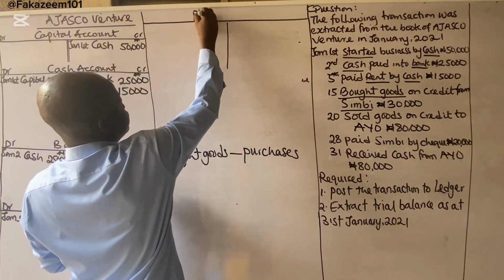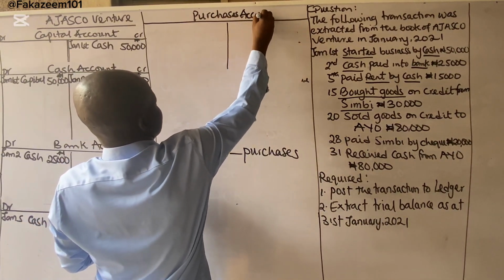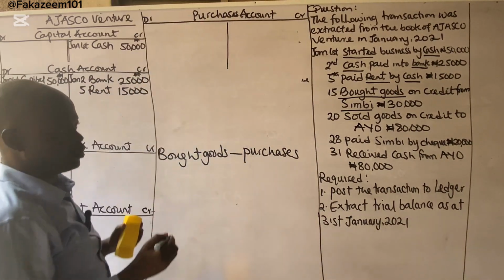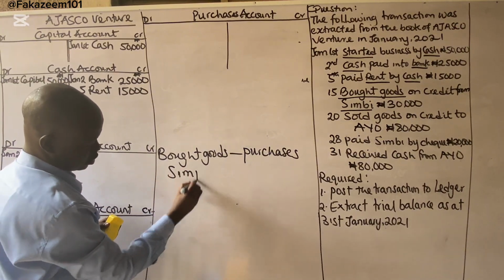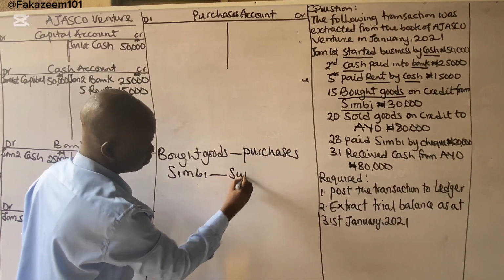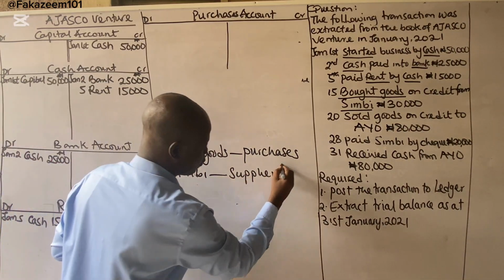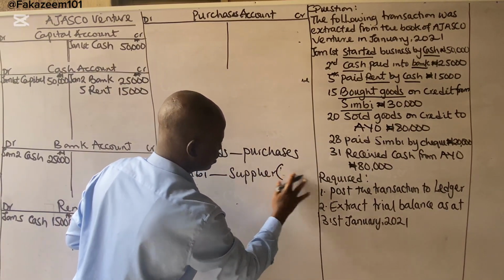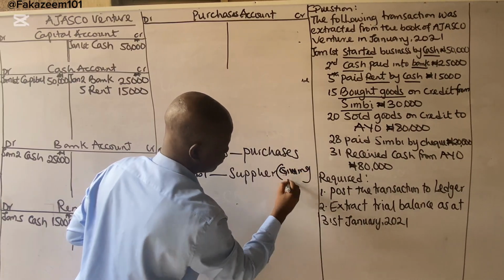Meaning I'll come here and open the purchases account. Who did they buy the goods from? The goods was bought on credit from Simbi. Simbi becomes a supplier, and as a supplier, Simbi is giving out.